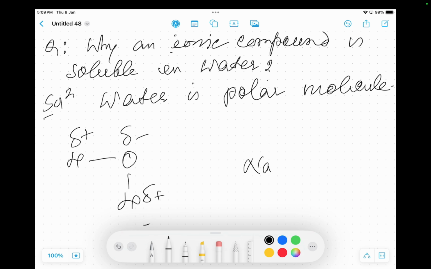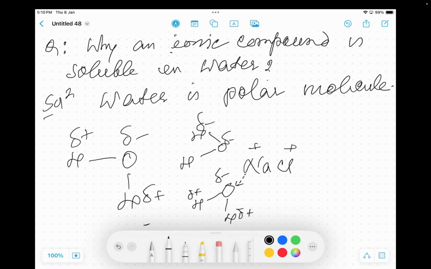Whenever an NaCl crystal is dropped into water, the oxygen pole of some of the H2O molecules, that means the negative pole, attracts the cation, that means Na plus.